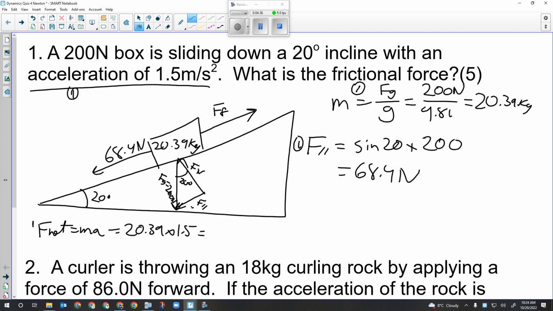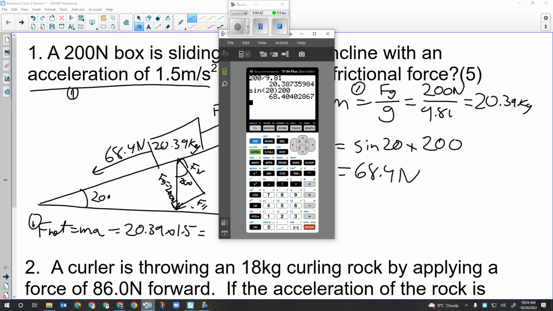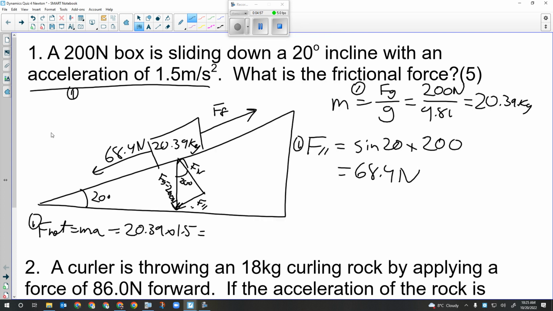That would be their 4th mark. So my net force is 30.58 newtons down the ramp.